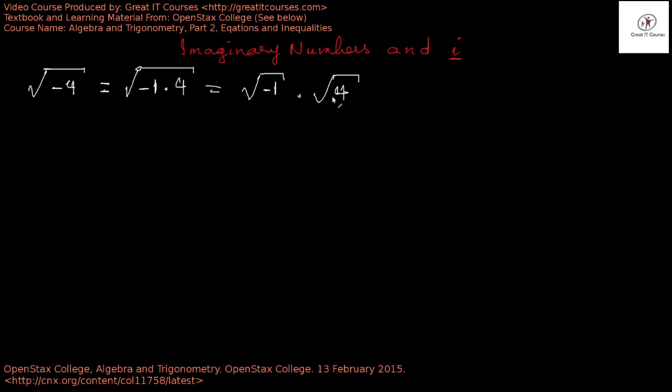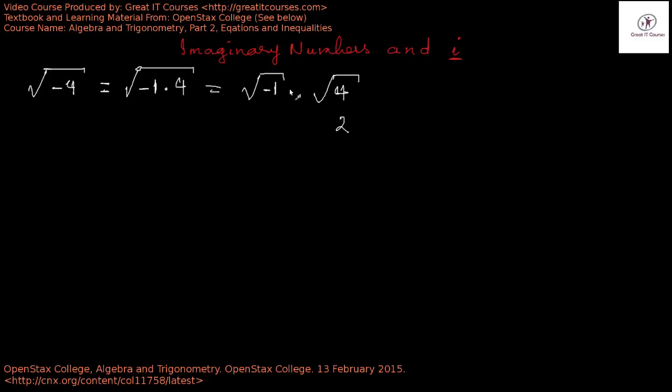Now you already know the square root of 4 is equal to 2. So this is 2. But the square root of minus 1 is again the same problem: taking the principal square root of a negative real number, which is going back to square one.